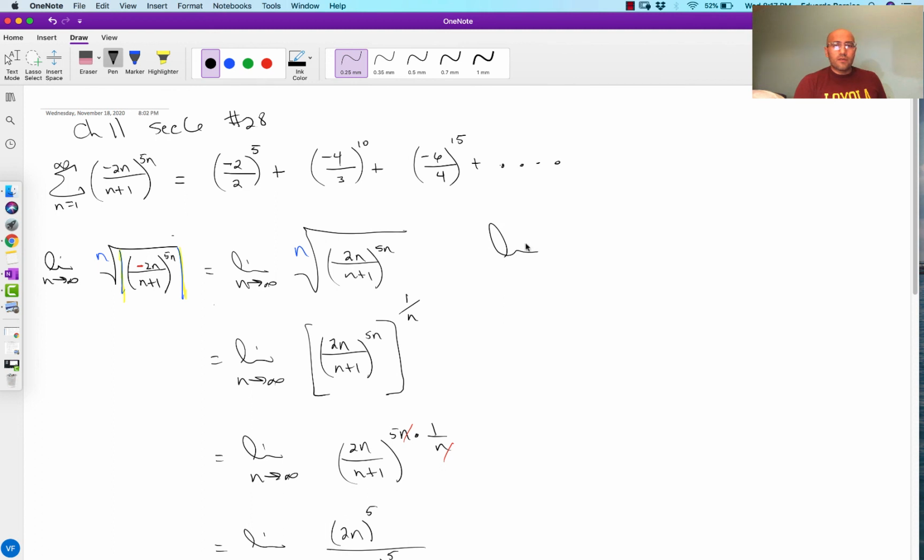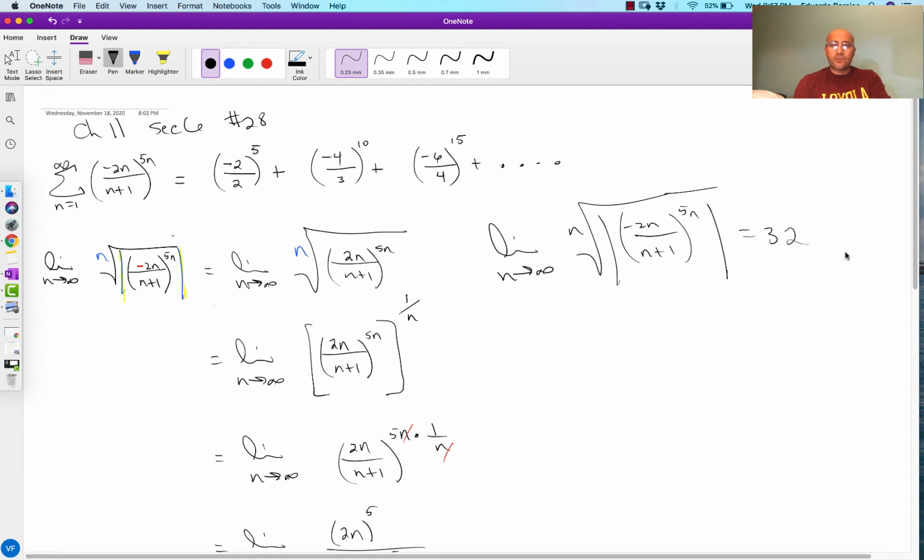So the limit as n goes to infinity of the nth root of the absolute value of negative 2n over n plus 1 in parentheses to the power of 5n in absolute values. After all that work, we established that this was 32, which is greater than 1.